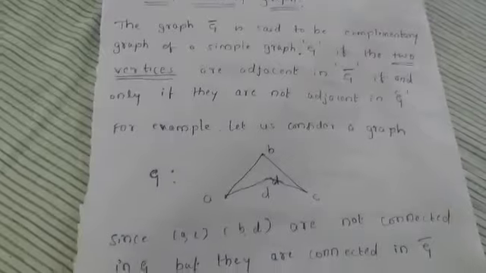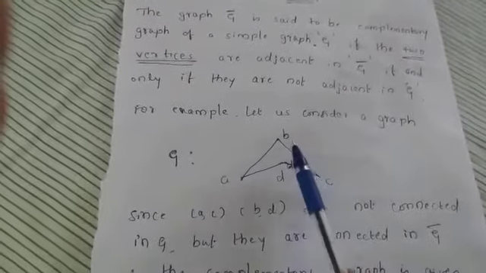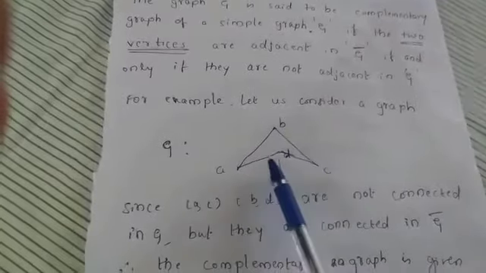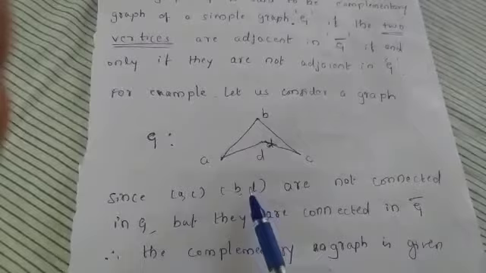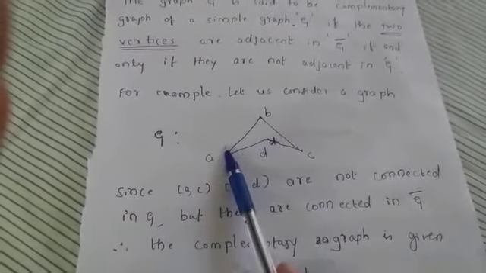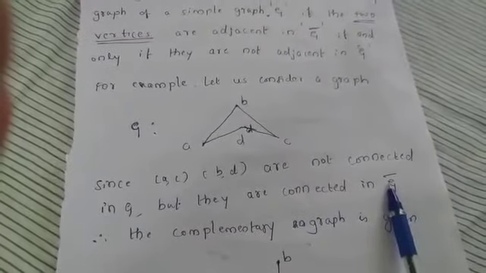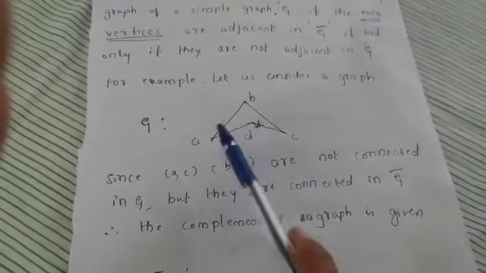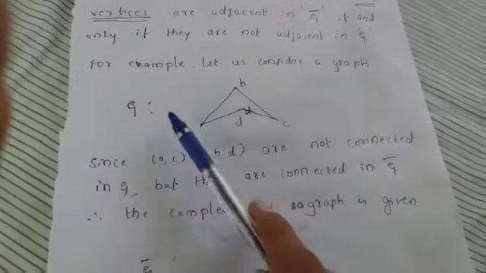Let us consider this example here where G is a graph with 4 vertices and edges AB, BC, CD and DA. Since A and C, and B and D are not connected by an edge in graph G, they are connected in graph G bar. Similarly, AB is connected in G, A and B are not connected in G bar.